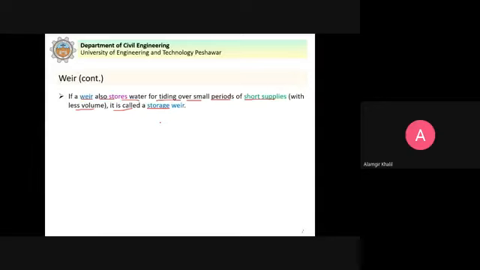This is not always the case. The weir that we have studied so far is used for measurement of the discharge, and it raises the water level upstream because it is an obstruction that is put across the river. So it raises the water level and the water can be diverted, for example, into the canal.